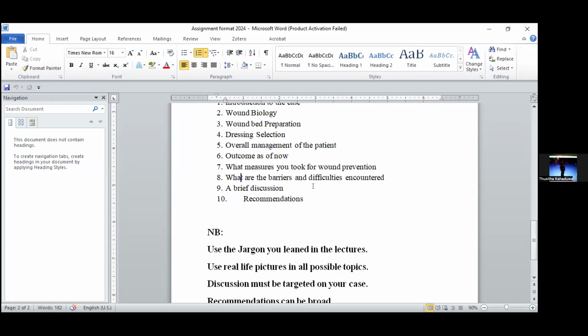Can be advisors, can be footwear, can be all. Can be a review plan as well.